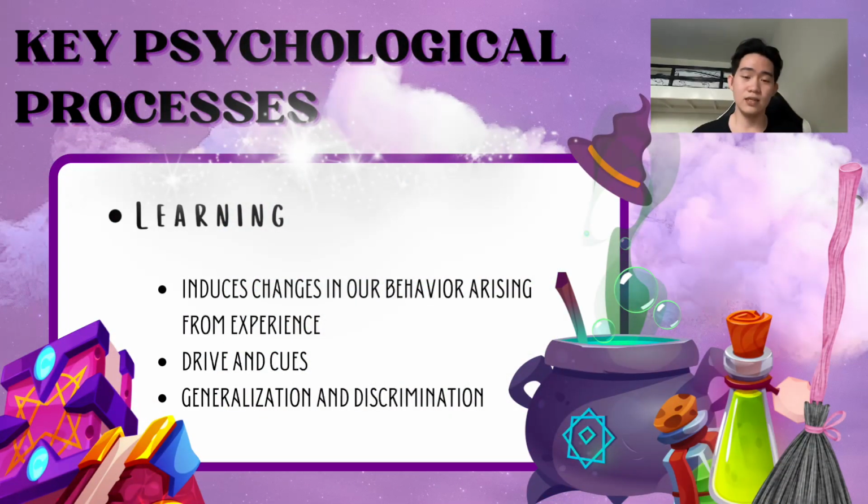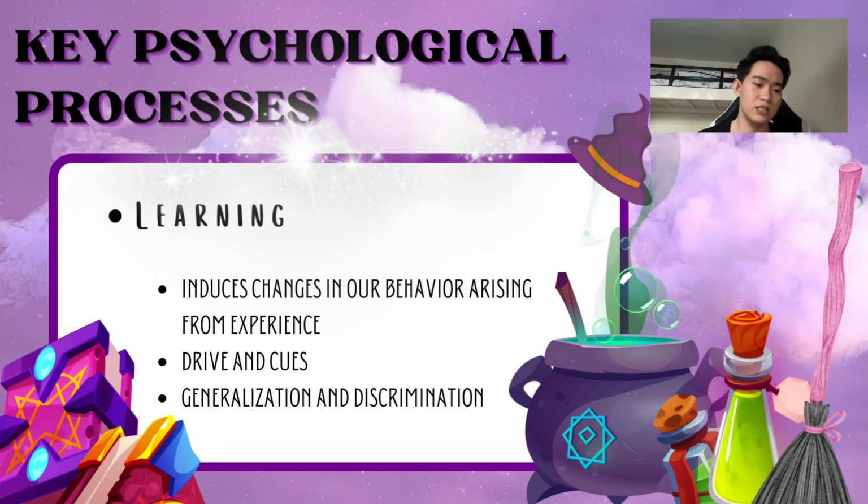So we have the key process, learning. We have three types of learning. Firstly, induced changes in our behavior arising from experience. Second, drive and cues. Third is generalization and discrimination. So this talks about how people learn from their experience. Learning happens when someone reacts to something and remembers it for the future.